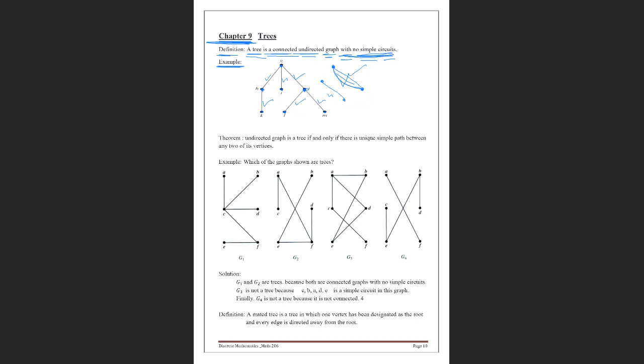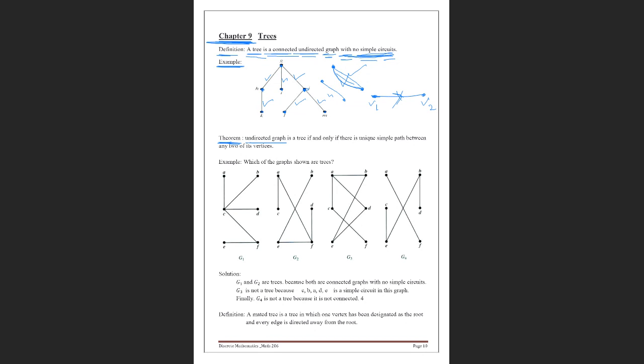So this is the theorem. Undirected graph. Undirected graph means if here there are two vertices, V1 and V2, and if there is an arrow, then that is directed. Undirected means there is no arrow, it is not an ordered pair. So that is an undirected graph.